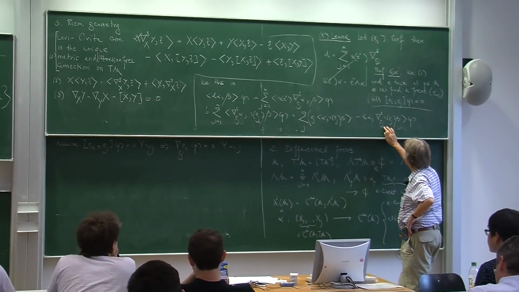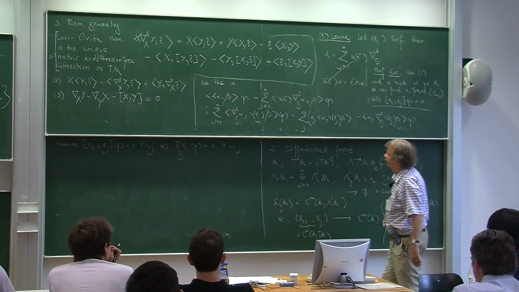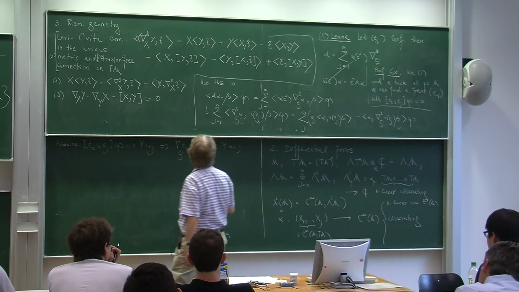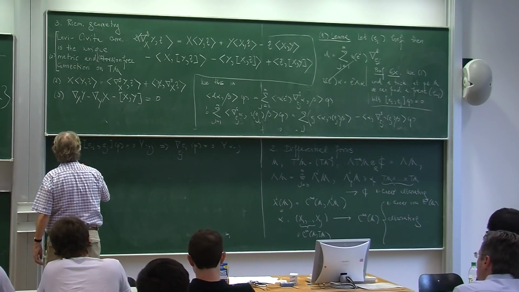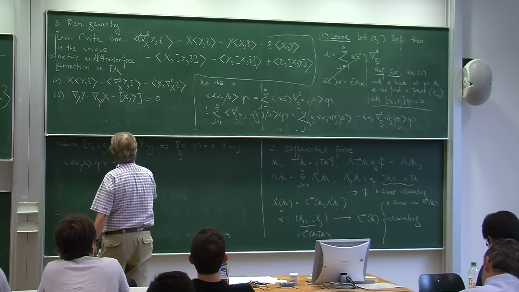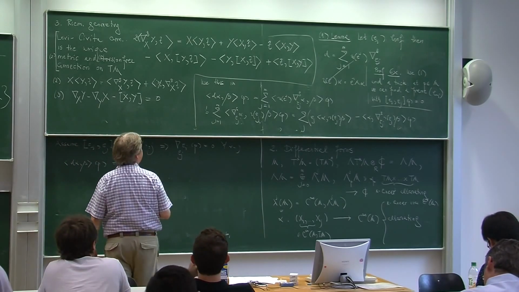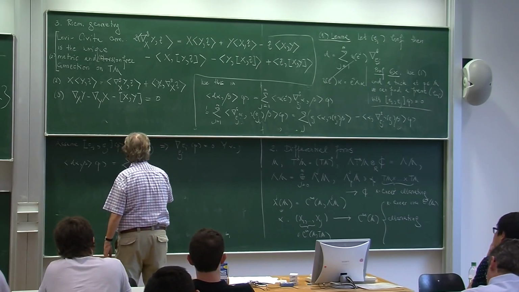acts as a derivation on the tensor product that we get here. The left-hand side, d alpha beta of P equals sum j Ej.